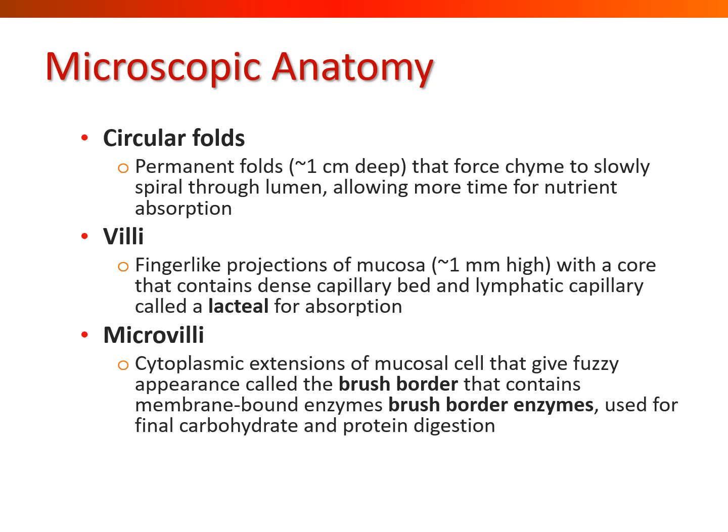And what's special about this is that it contains these membrane-bound enzymes that are going to be used to finalize the digestion of carbohydrates and proteins. So carbohydrates and proteins are both really large molecules. They have lots of monomers that comprise them, and so they get broken down in stages.